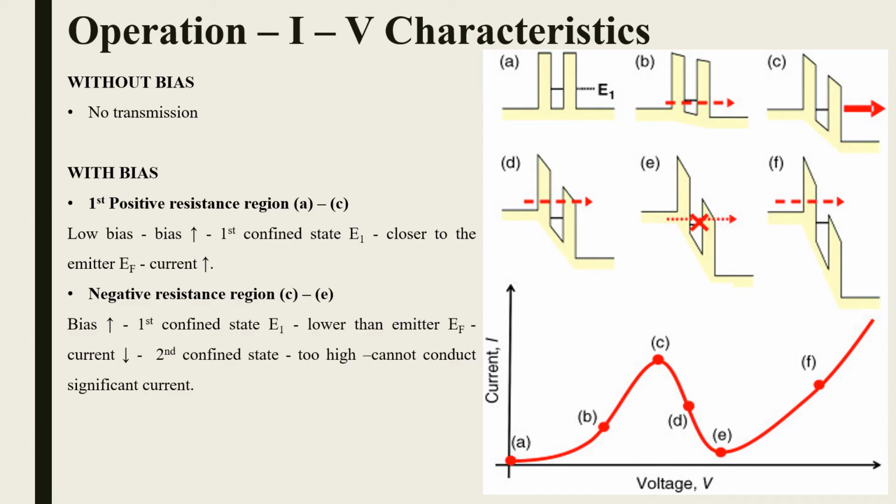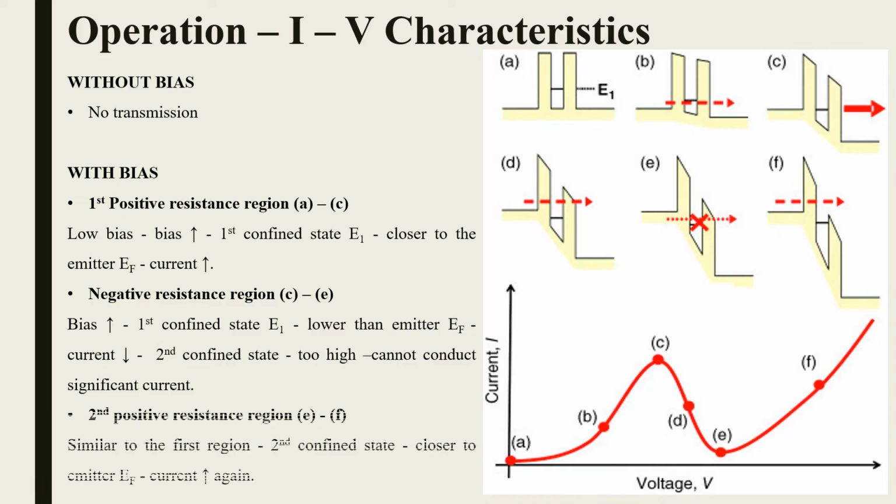The second region is a negative resistance region from C to E. As bias increases further, the first confined state becomes lower in energy and gradually goes into the energy range of the band gap. So, the current it carries decreases. At this time, the second confined state is still too high above in energy to conduct any significant current.